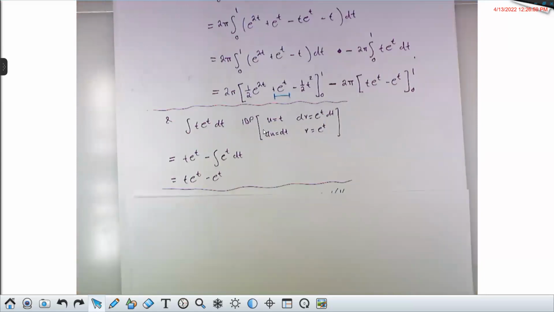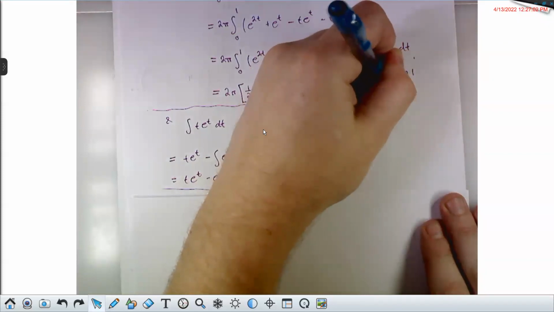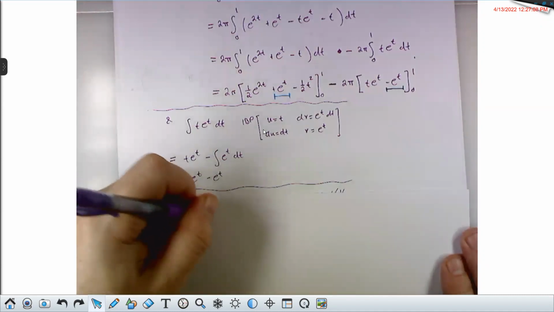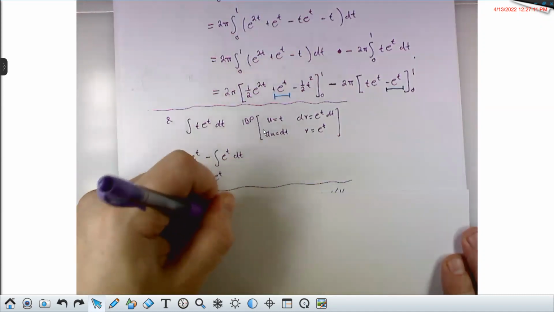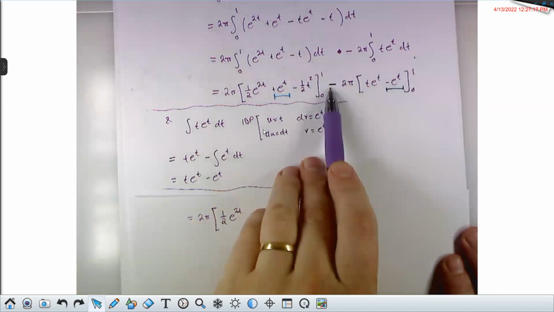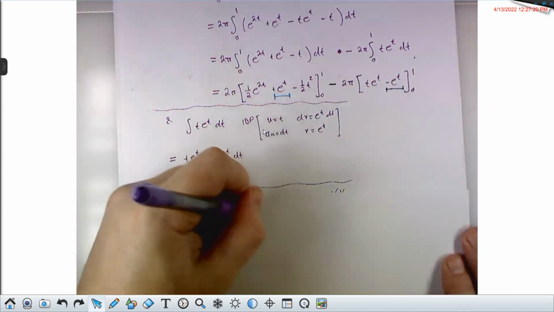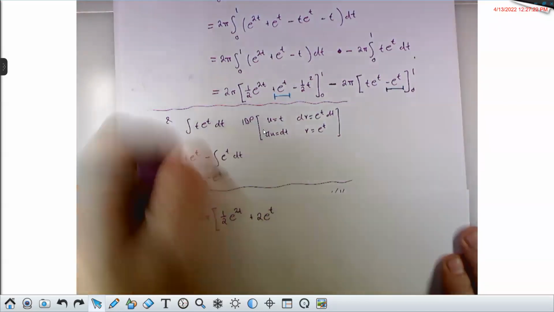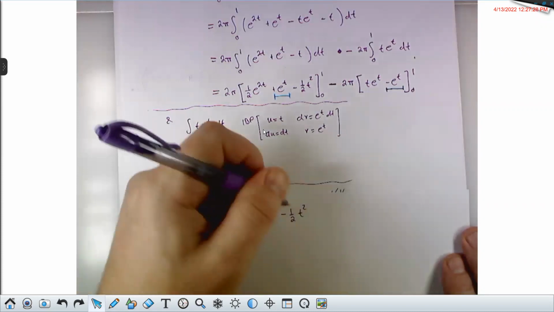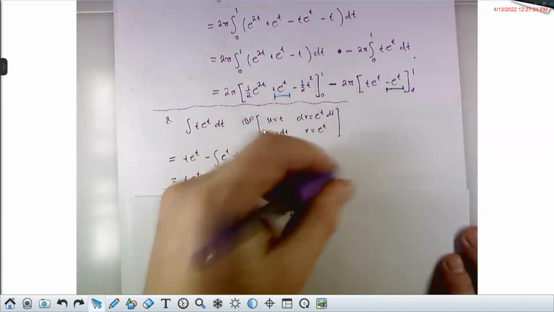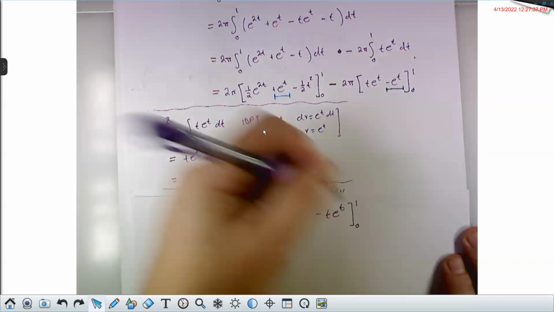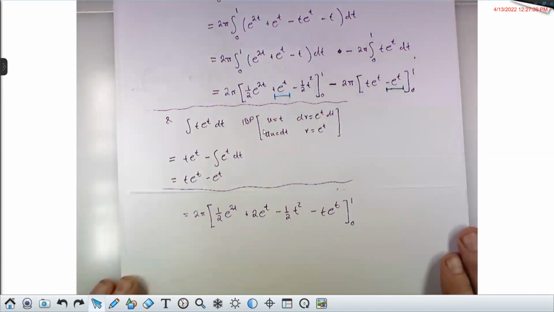So what I've got here is 2 pi times 1/2 e to the 2t, e to the t minus negative e to the t is going to be plus 2 e to the t. And then we have minus 1/2 t squared and minus t e to the t, all evaluated from 0 to 1. That's the correct way to do this.